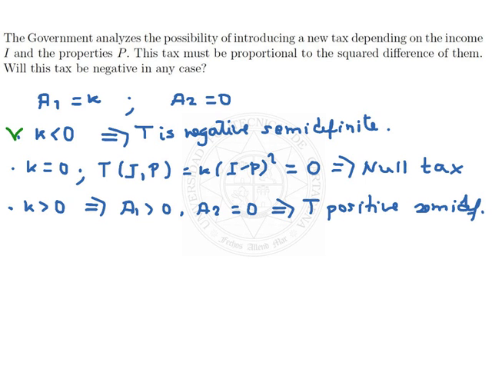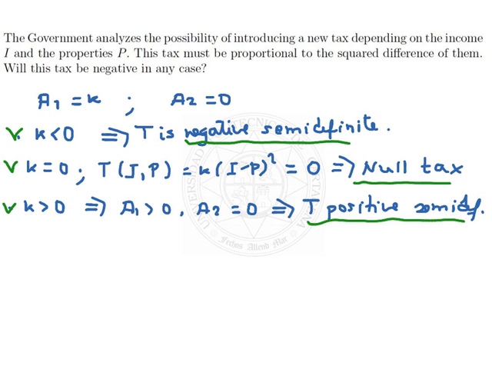So, case 1, t is negative semi-definite. Case 2, we have a null tax, and case 3, we have that t is positive semi-definite.